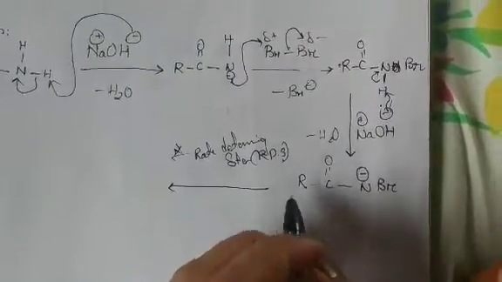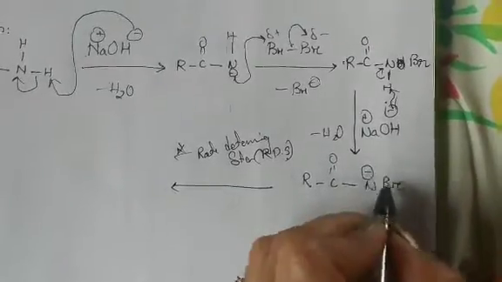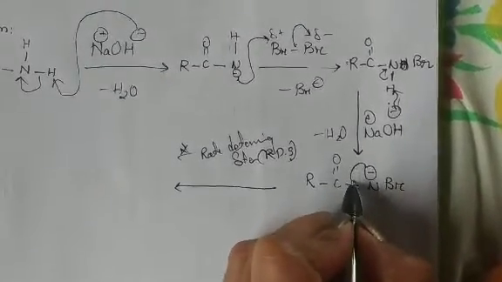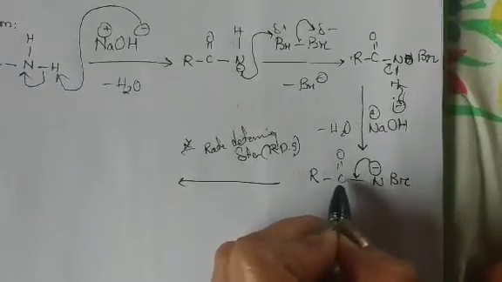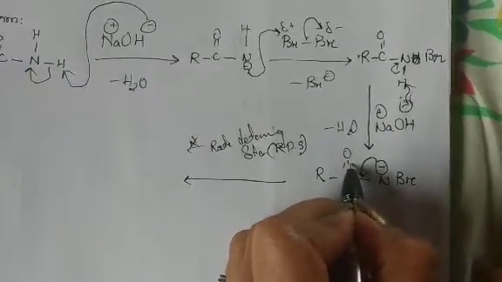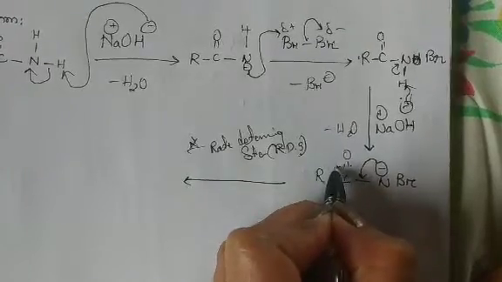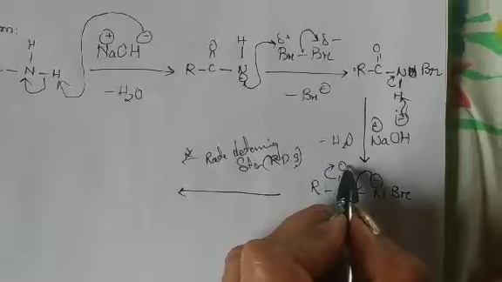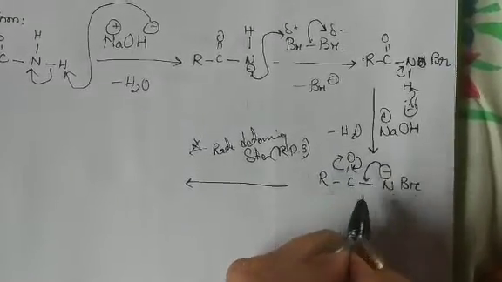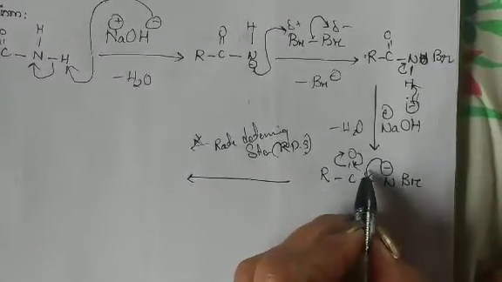Now in this reaction, the negative charge on nitrogen comes and attacks here. Now since the carbon atom cannot form 5 bonds, automatically the bonding pair goes up. Now back bonding occurs again, so the electrons come again.